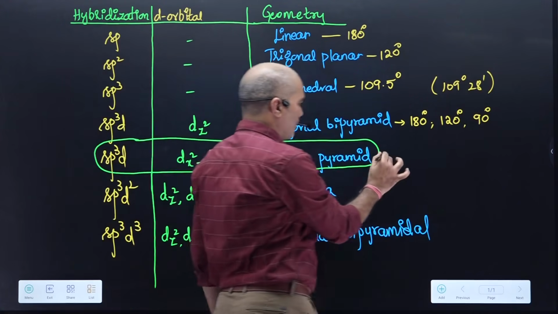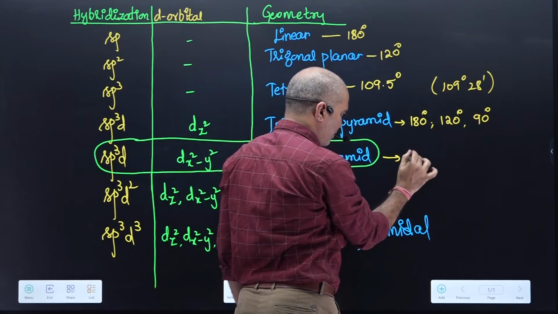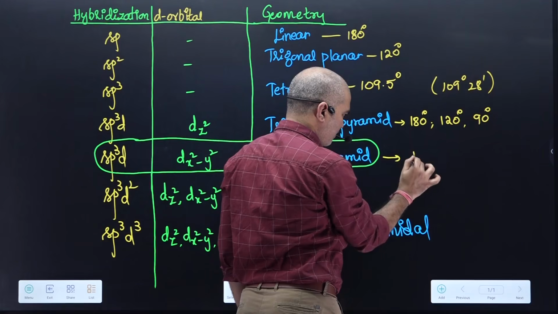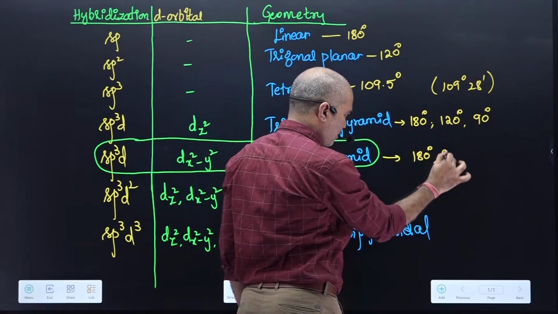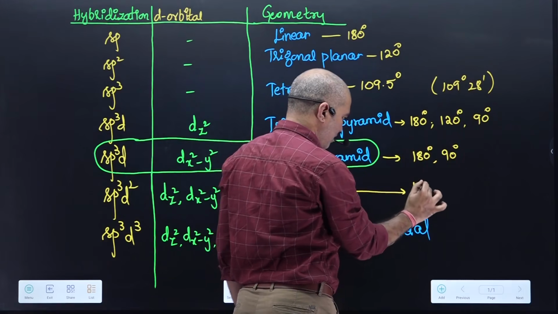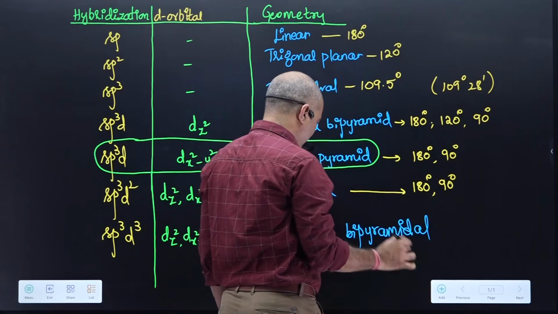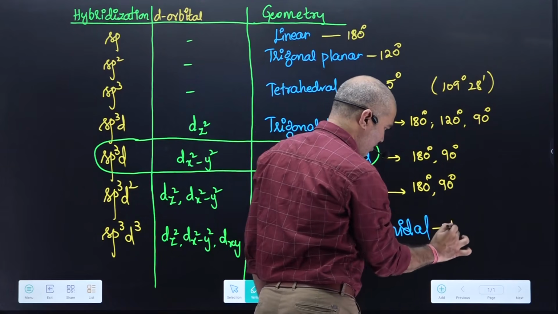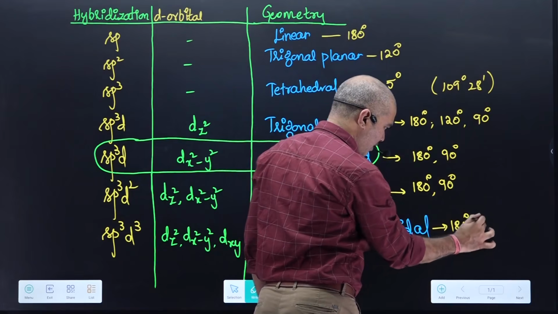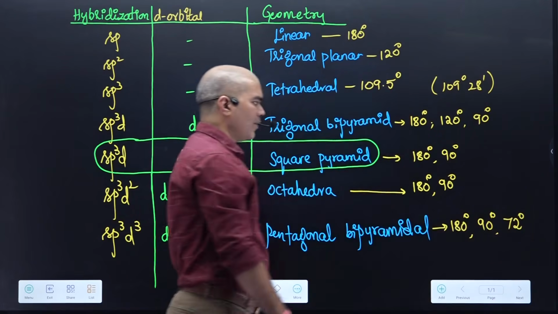Square pyramid can have only two bond angles, 180 degree and 90 degree. Octahedral can have 180 degree and 90 degree. Pentagonal bipyramidal can have 180 degree, 90 degree and 72 degree.